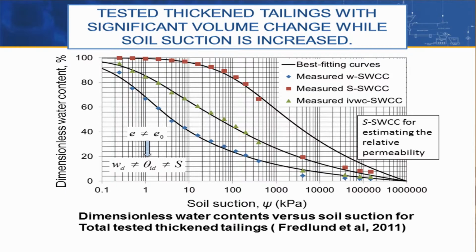So it should be remembered that it is the degree of saturation soil water characteristic curve that should be used to estimate the coefficient of permeability, and also the instantaneous volumetric water content SWCC is the curve that should be used for the estimation of the water storage function.